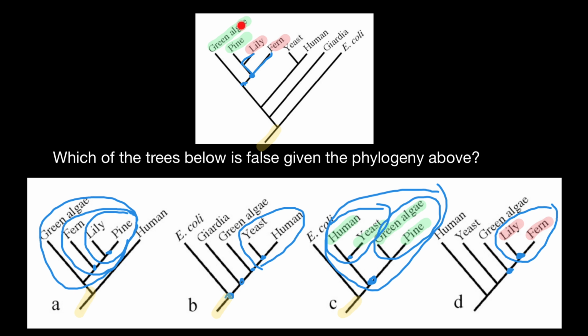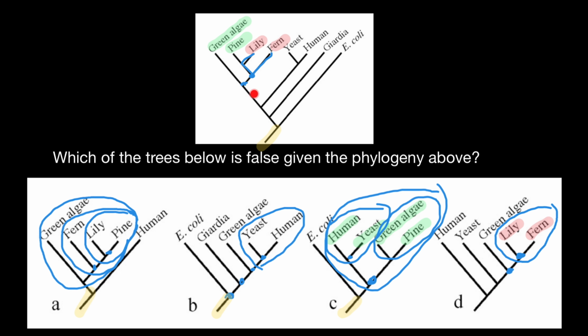Lily, fern, green alga have a recent common ancestor here, and both lily and fern can be found at the same distance from this common ancestor. So the length of this line is the same as the length of this line. So we're done with this part of the phylogenetic tree.